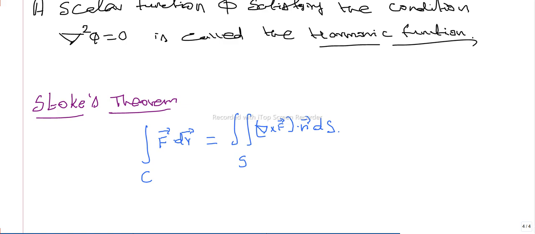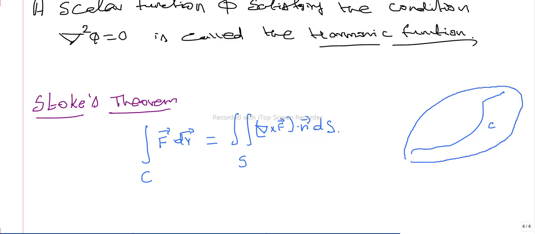So here S is a surface bounded by the curve. Suppose there is some curve C; we know how to find the integral over this curve, that is the line integral. Suppose S is the surface bounded or enclosed by this closed curve, then this happens.